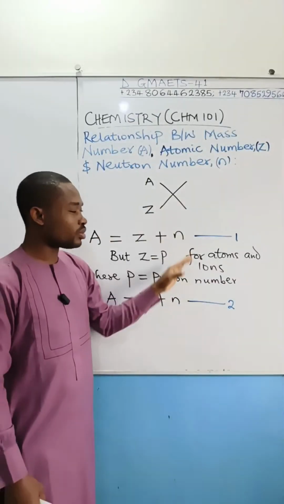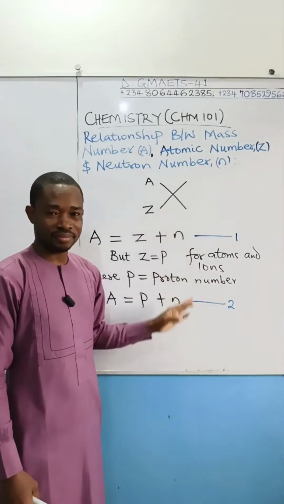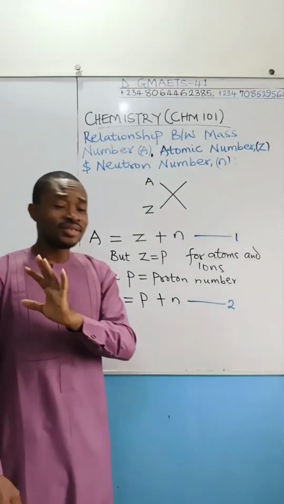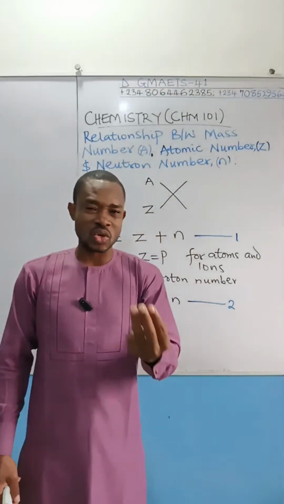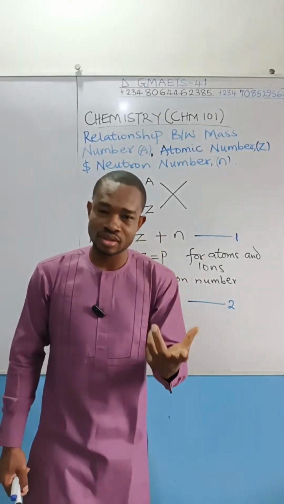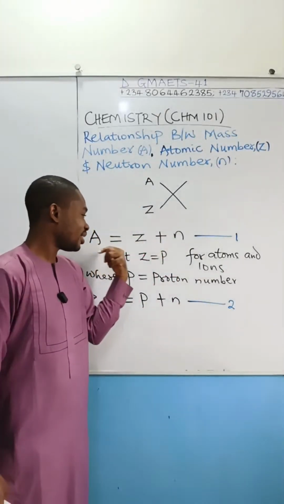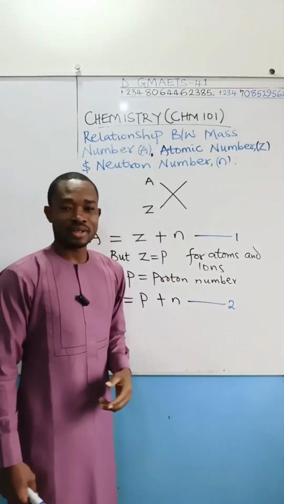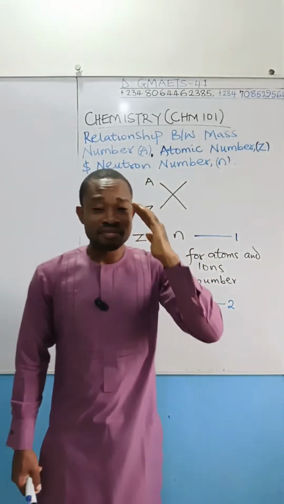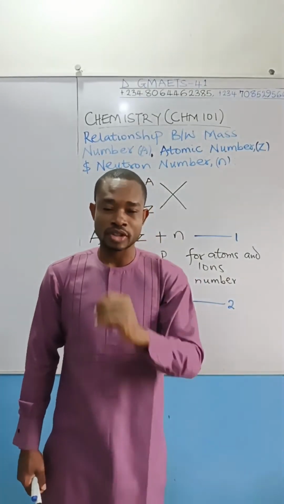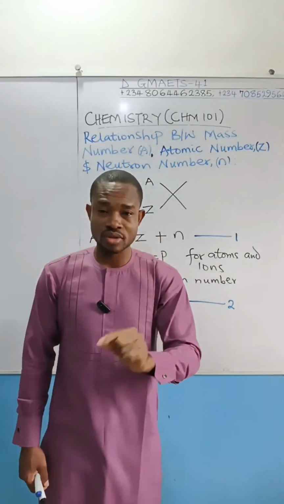See these two formulas, please don't play with them. They look simple. Besides, it's a formula. They contain only three quantities: mass number, atomic number, neutron number, or mass number, proton number, neutron number. But they are very important, necessary to the study of chemistry.